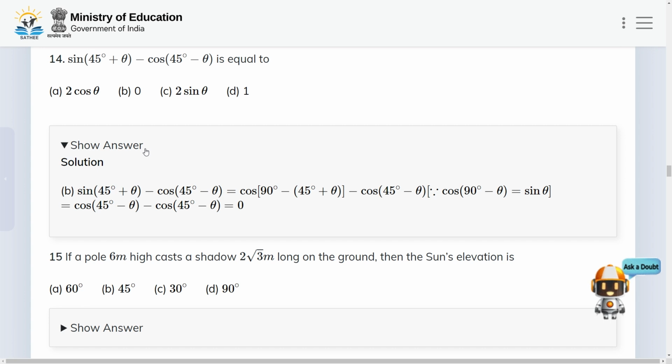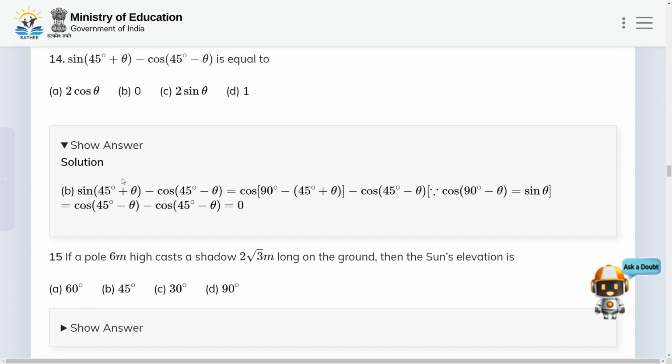So we know this formula, cos of (90 degree minus theta) is equal to sine theta. Okay, so here we use this formula and we can write the given expression sine of (45 degree plus theta) minus cos of (45 degree minus theta) as cos of (90 degree minus (45 degree plus theta)) minus cos of (45 degree minus theta).